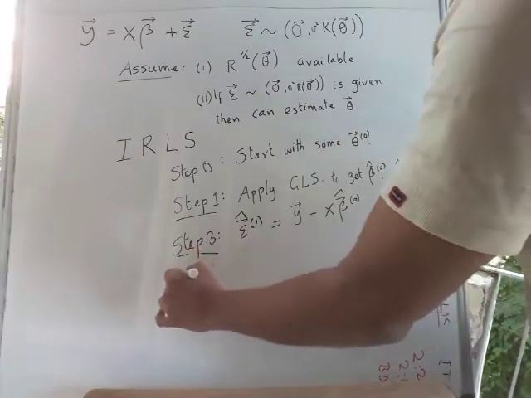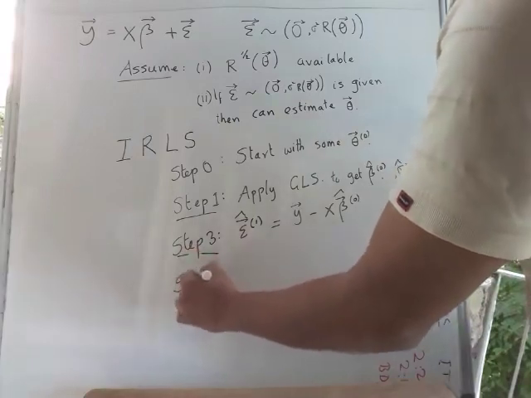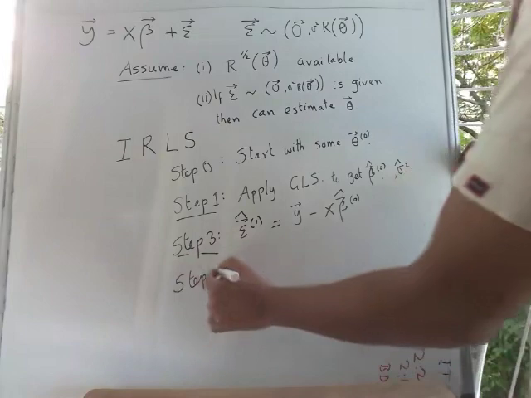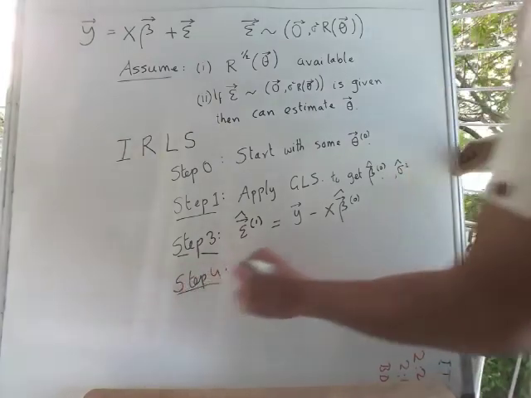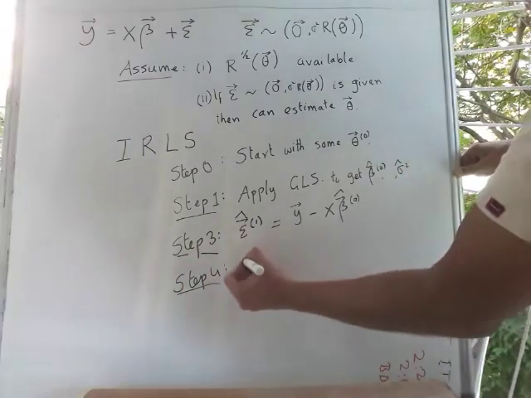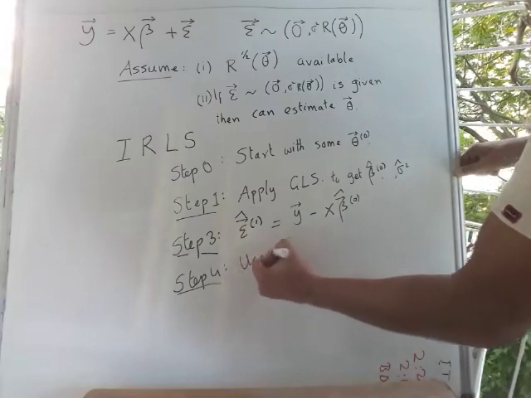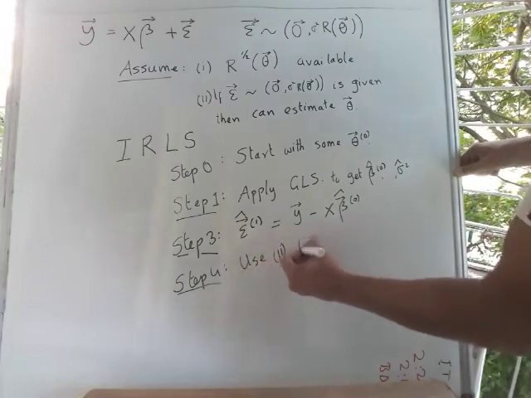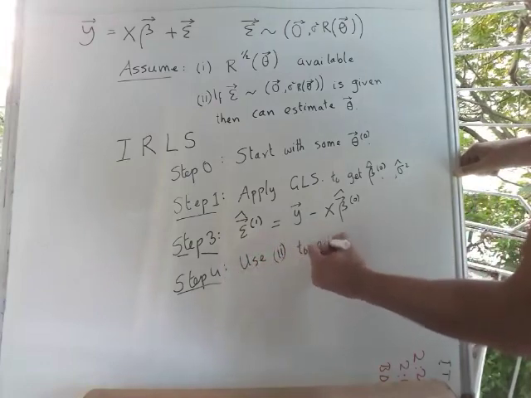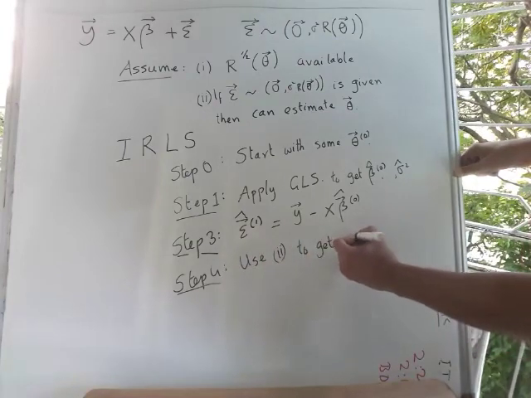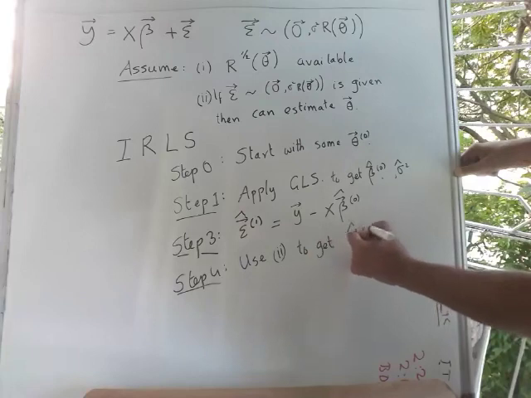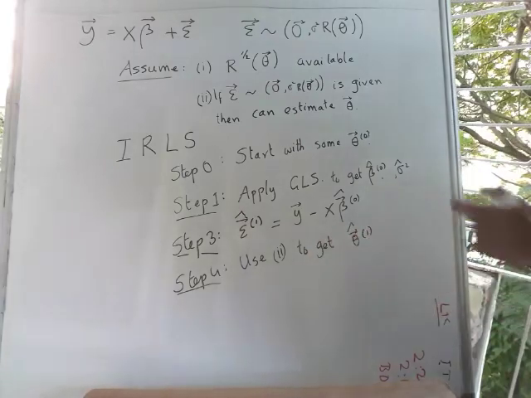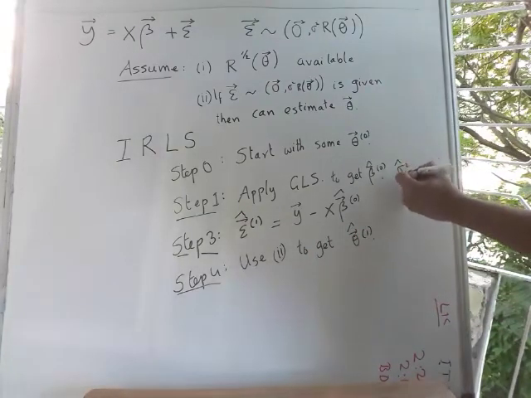So now you go into step 4, where you use the epsilon hat to get the next value, theta hat 1.